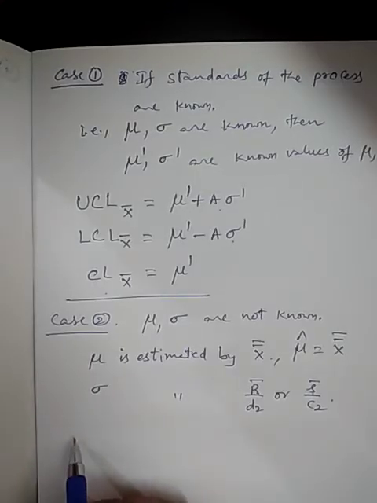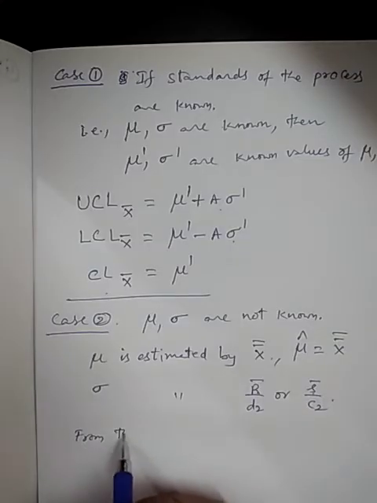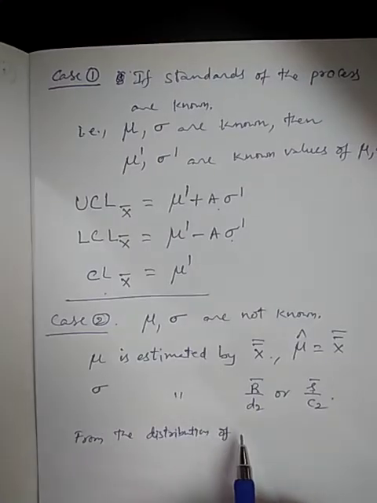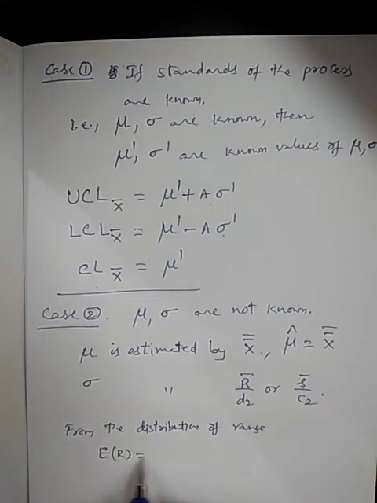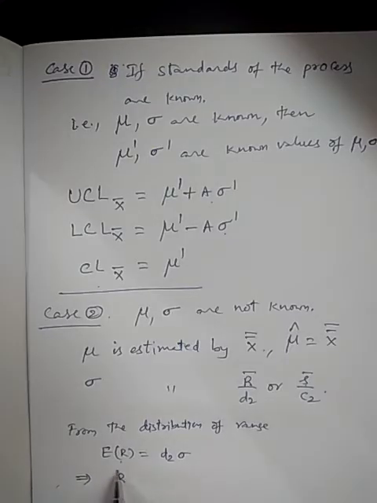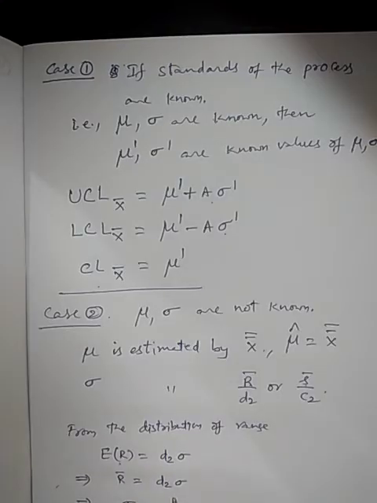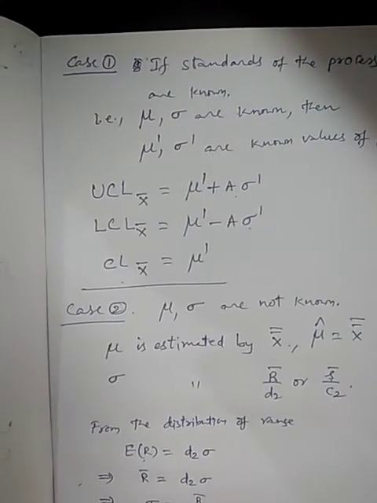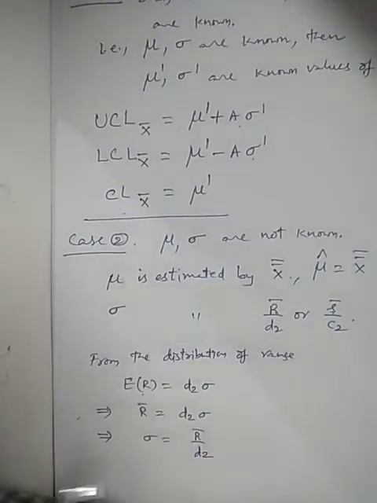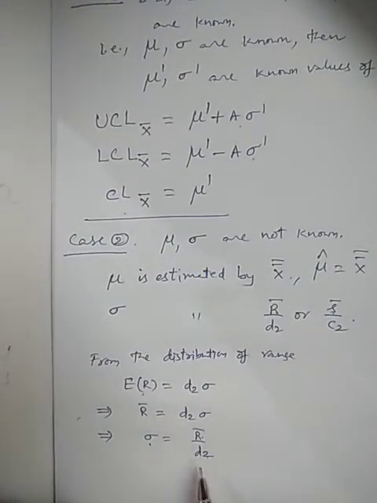From the distribution of range, expectation of r is equal to d2 sigma. This is a known value, and I am writing expectation of r as r bar. It is d2 sigma, which implies sigma is r bar by d2.